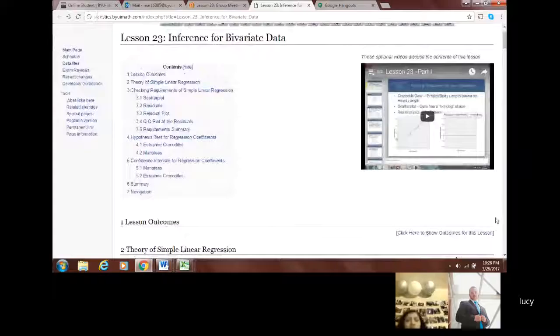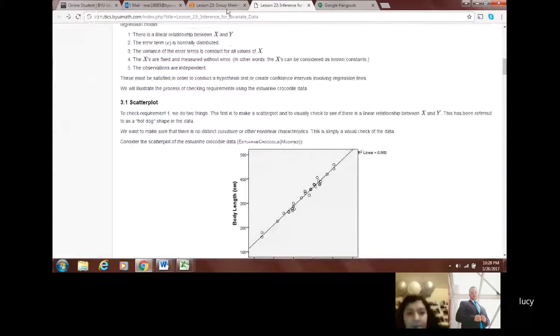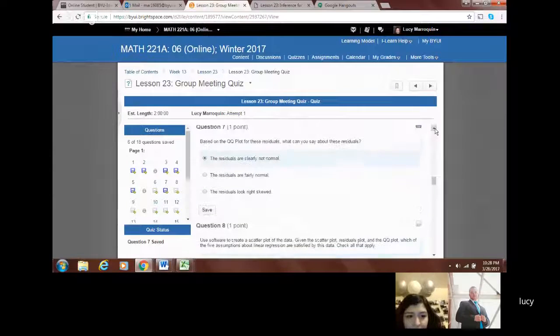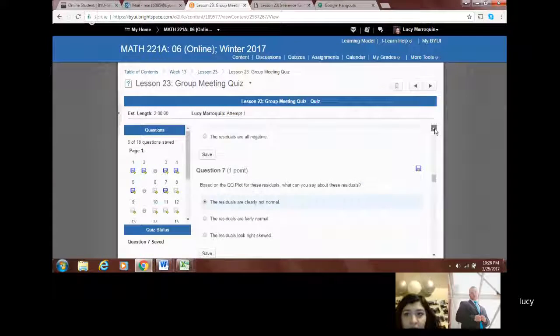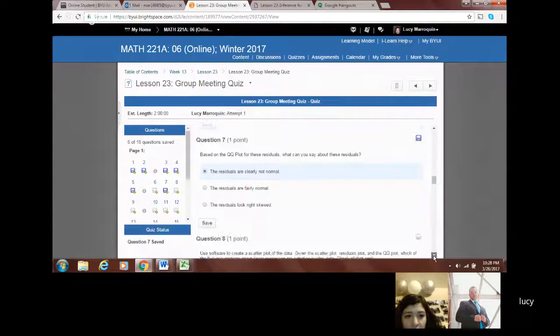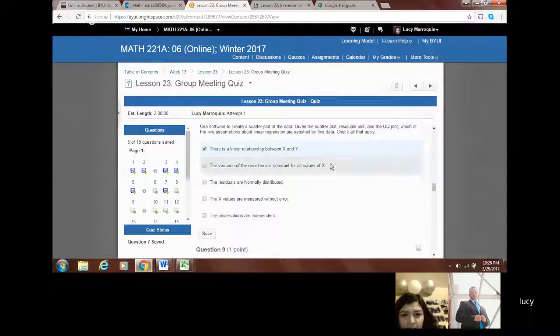Residuals, they're not normally distributed, right? No. Yeah, no, not the middle one. So then would it just be A and B, C, D, E? A and E. Yeah.